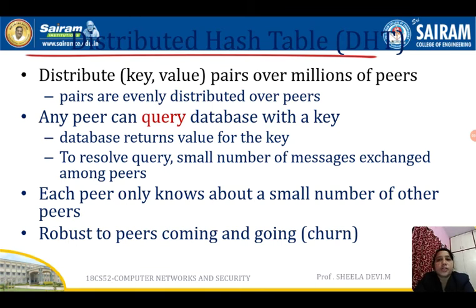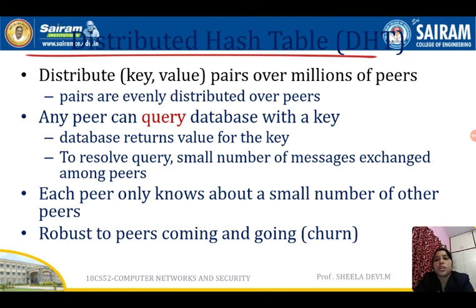Since we have the data in the form of key-value pairs, these pairs will be distributed to all the peers. Consider that the Aadhaar card number is the key, and the value is the name of that person corresponding to that Aadhaar number.